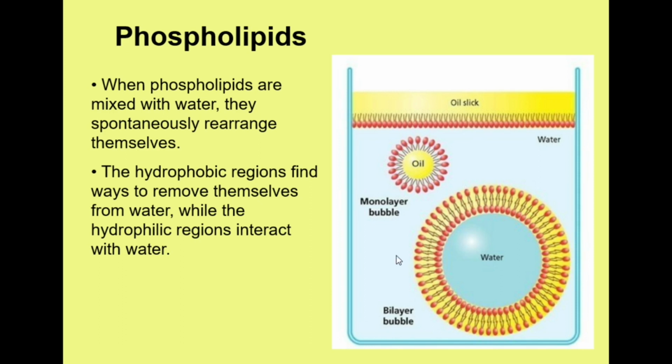This is important because this sphere or this bubble can exist happily in water because the hydrophilic heads out here will happily bond with water. But it also means that inside of the bubble, inside of the sphere, you can also have water because you've got these hydrophilic heads pointing inside the sphere. So you can get water in here.